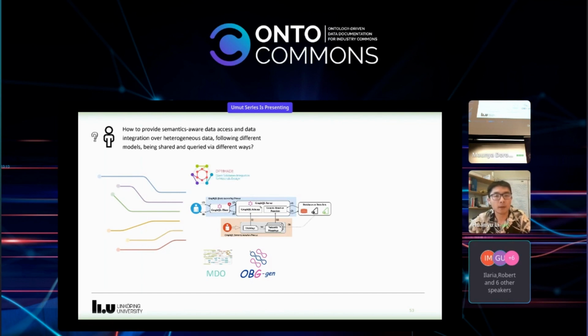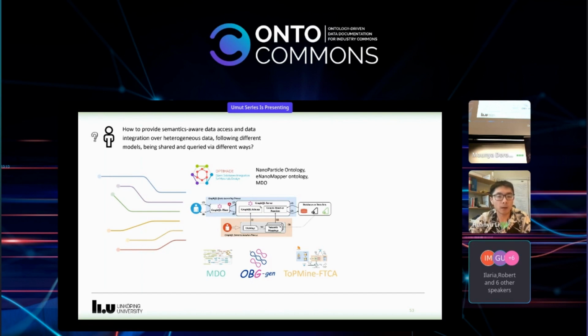Next, please. We also apply our data access and data integration in the Optimate Consortium, which is open databases integration for the materials design domain. Next, please. In addition, we developed a method to extend ontologies based on text mining and topic modeling.